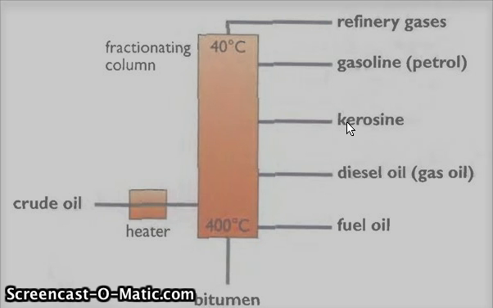This basically means that the larger hydrocarbons with the high boiling points turn back to liquids nearer the bottom, where it is hot, and the smaller hydrocarbons stay as gases, so they rise up the column. And so the different fractions are now condensing at different points.